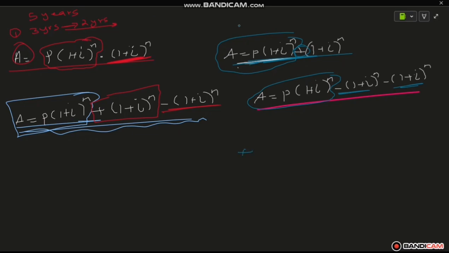So after the first deposit, check if they are adding or subtracting. If we add, it means that we are depositing money. But if we subtract, it means that we are making a withdrawal. I hope it makes sense.